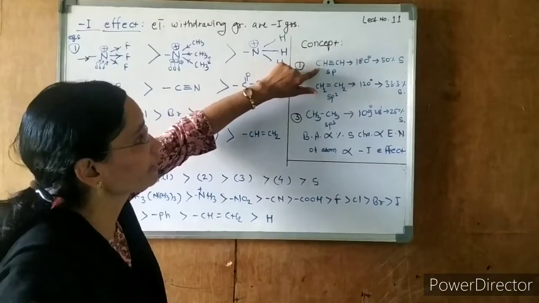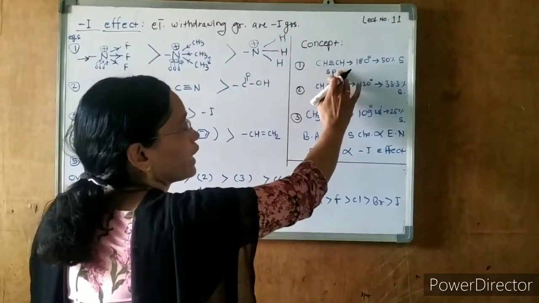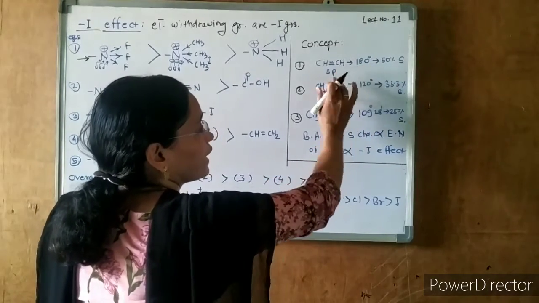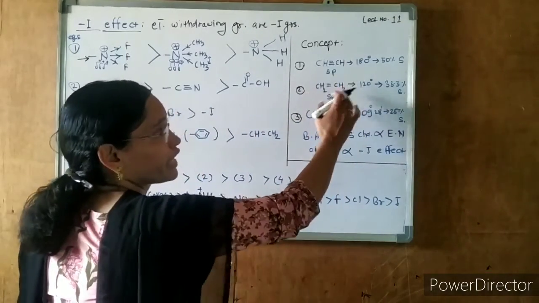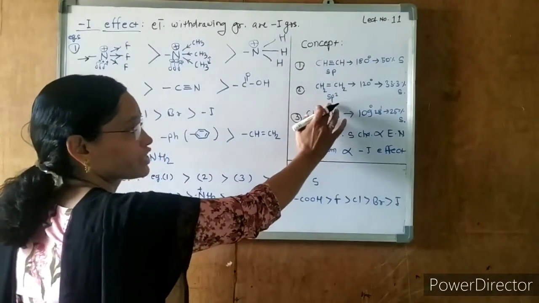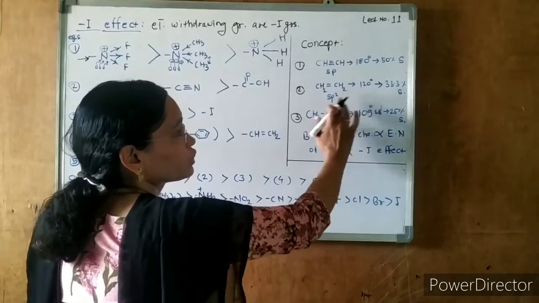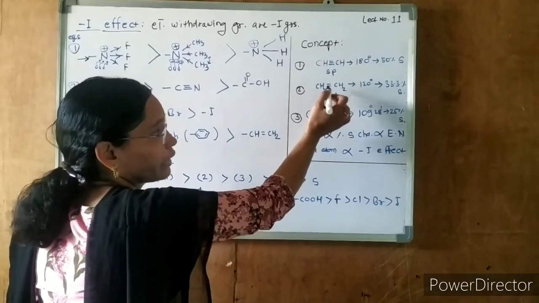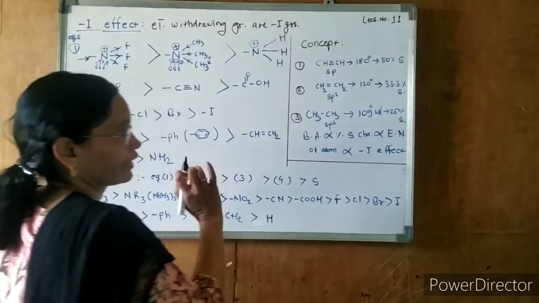Here CH triple bond CH means the hybridization is sp. sp hybridization means the bond angle is 180 degrees, and the percentage of S character is 50%, which we already discussed. Here CH2 double bond CH2, the hybridization is sp2, the bond angle is 120 degrees, and the S character in sp2 is 1 divided by 3 into 100, which becomes 33.3%.